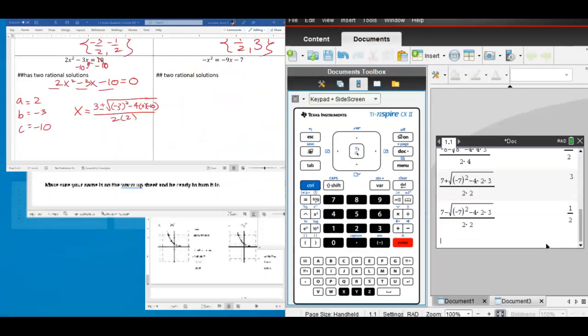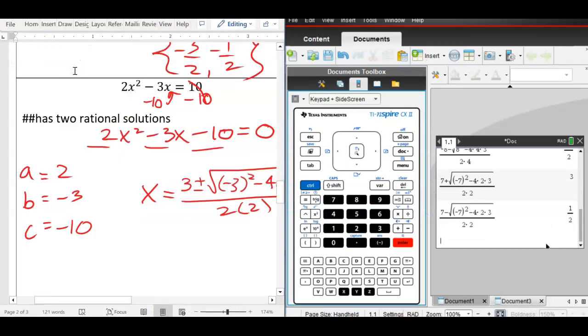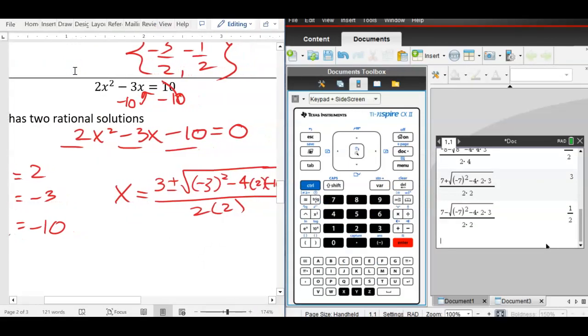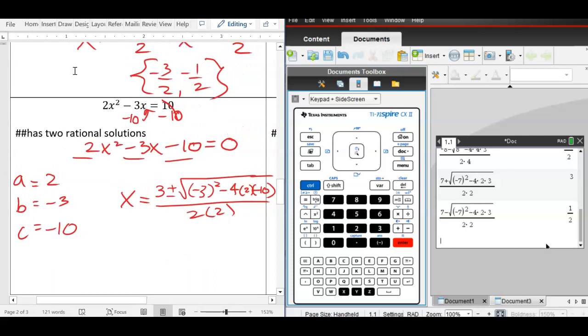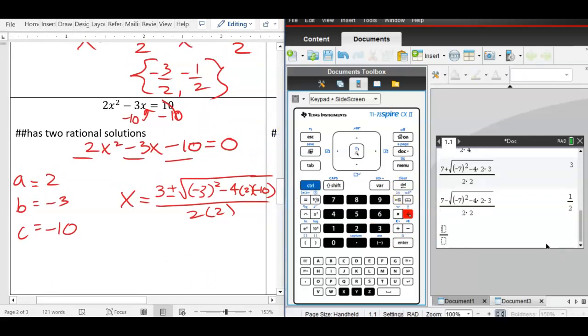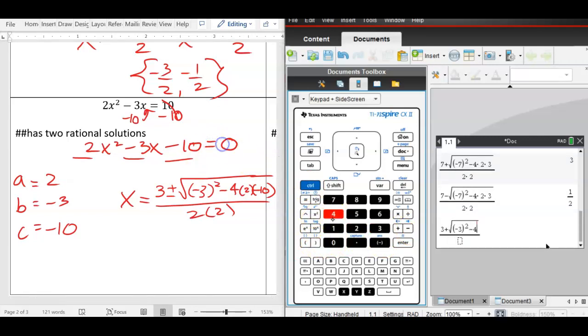Could you take that and plug it into the calculator? So there we go. Control divide, first of all. 3 plus square root, parentheses, -3 squared, minus 4 times 2 times -10, all over 2 times 2.